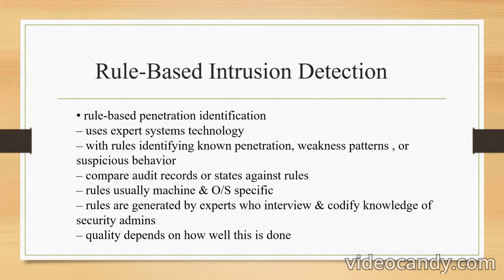Rules can also be defined that identify suspicious behavior even when the behavior is within the bounds of established patterns of usage. The most fruitful approach to developing such rules is to analyze attack tools and scripts collected on the internet.